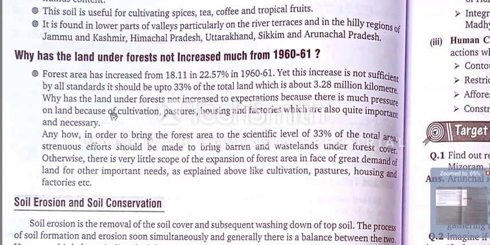Its pressure will go on land. So there will be much pressure on land because of cultivation, because people demand more product, and to satisfy their needs they will utilize it more and more. Clear?